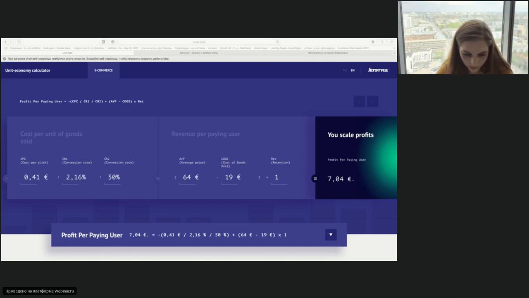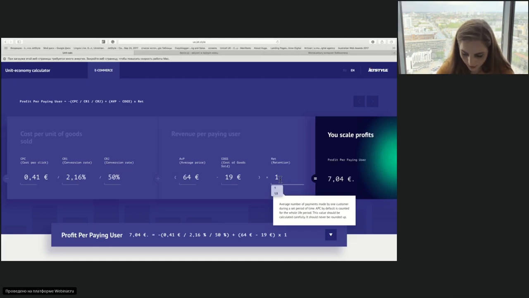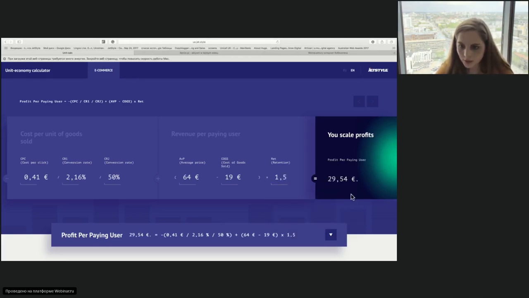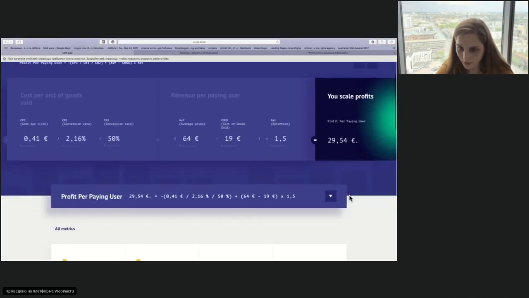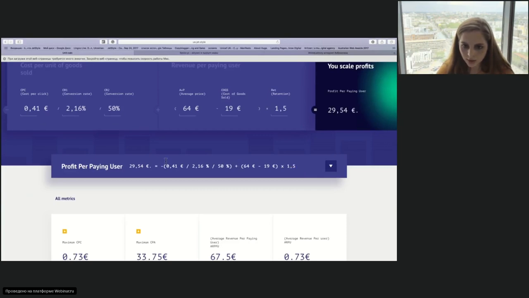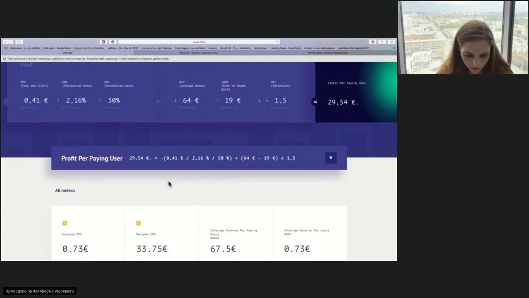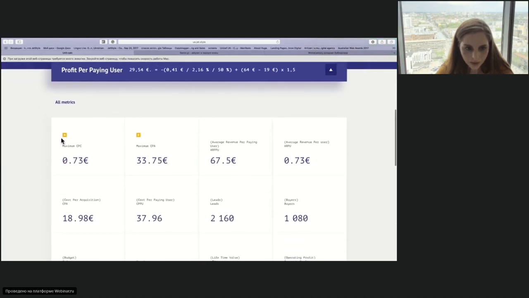I remember the retention is 1.5. So here we have the profit per one paying user. You can see the calculation and the formula over here at the bottom again. And let's look at the metrics. These two are the most important numbers in our formula.